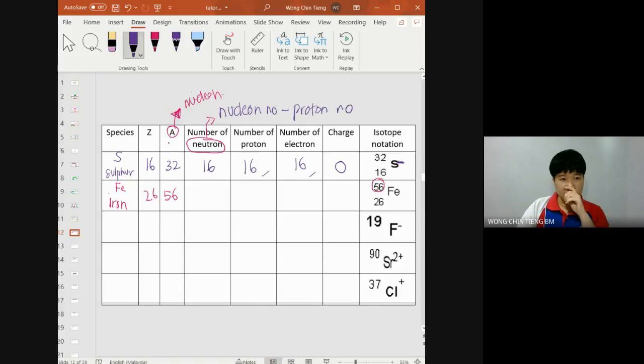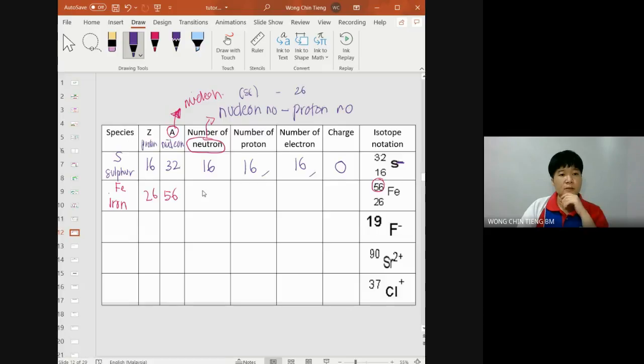So nuclear number saya sekarang, that is my nucleon sayang. Khadijah, nucleon saya sekarang 56 as you agree. Your proton sekarang adalah 26. Nucleon 56, proton 26. 56 minus 26.